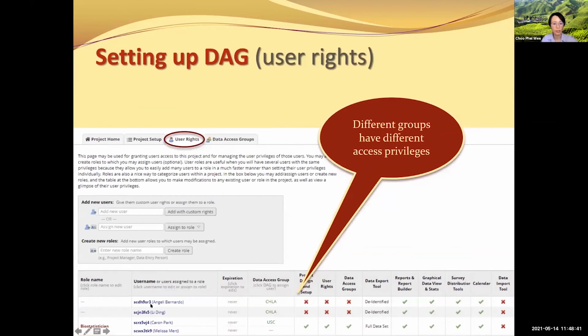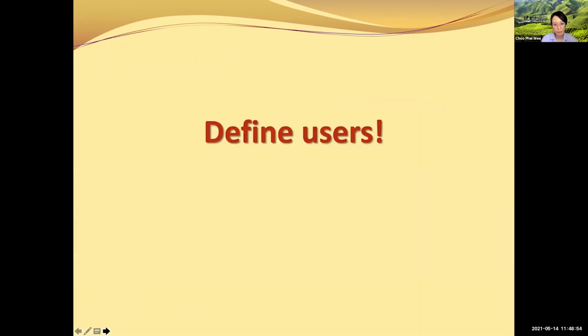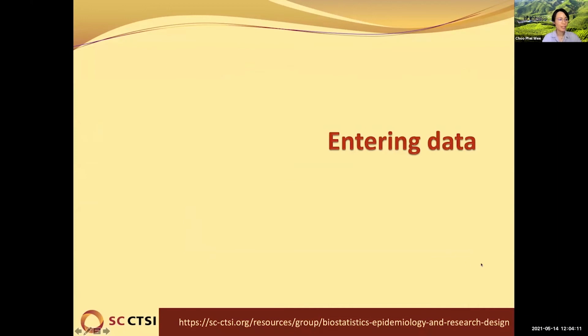And then when you go to user rights, you will see this data access group corresponds to each user. So these people have different privilege access to the database. And now we go to the activity, entering data.